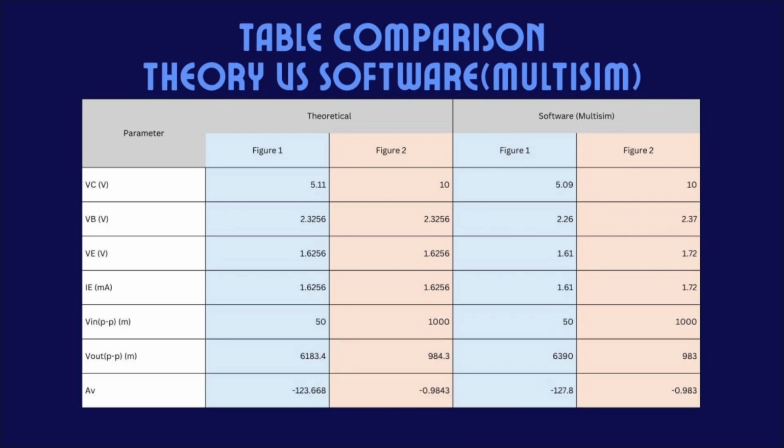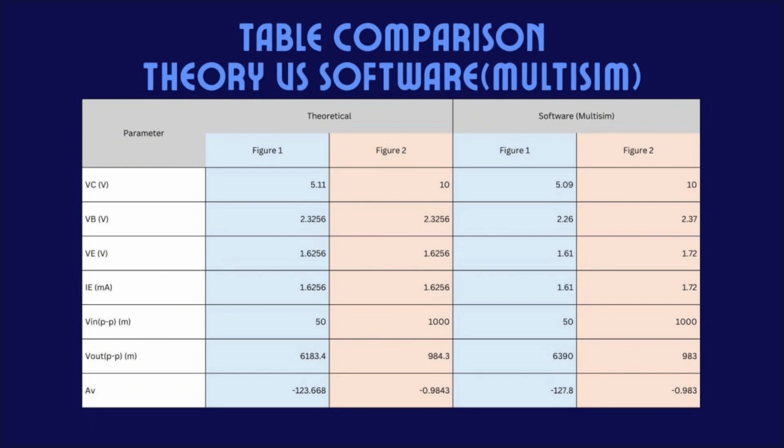So this is the table of comparison, the theory versus the software Multisim. Here we compare the values of VC, VB, VE, IE, V in peak to peak, V out peak to peak, and AV. The question gave us two figures, figure 1 and figure 2.